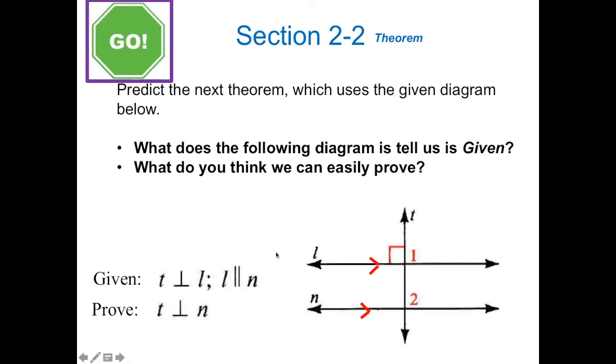Okay, there we go. So notice this here, right? So the way that I point this out when you're going to use this in proofs in the future, or just kind of like what replaces what. Here, t is perpendicular to L, and then L is parallel to n. So n could go in for L right here.